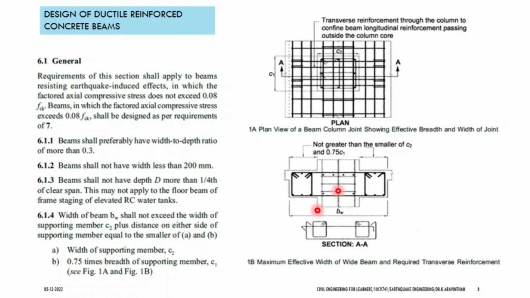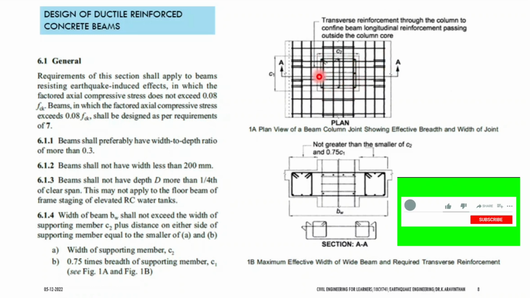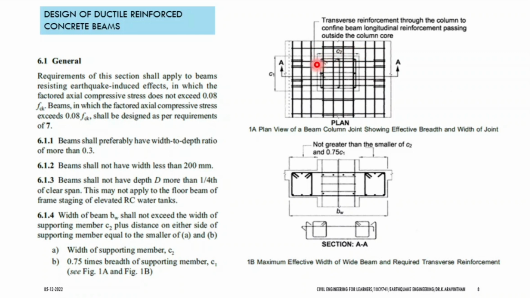This is the case. In plan you can see the column reinforcement, and at all four faces you have reinforcement in the column. Take this as C2 distance. C2 is the column width. Now you have a beam which is wider than the column.